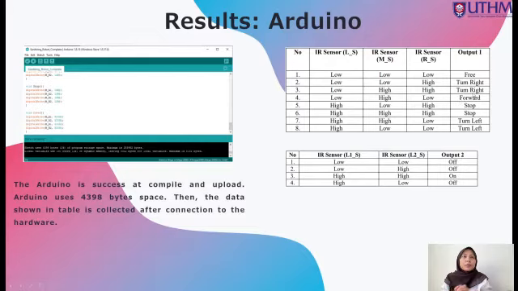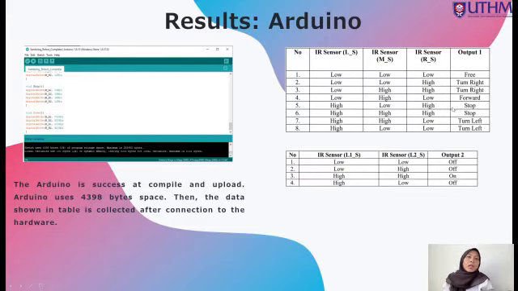If the middle sensor and right sensor are high, or the right sensor only is high, it will turn right. For the left sensor and middle sensor high, or the left sensor only high, it will turn left. It will also stop when all of the 3 sensors detect high, so the robot will be stopped.